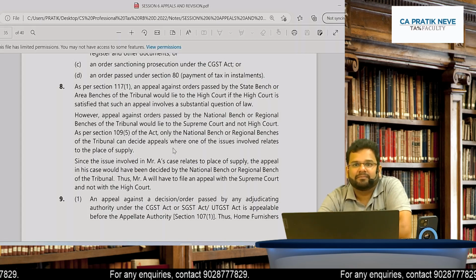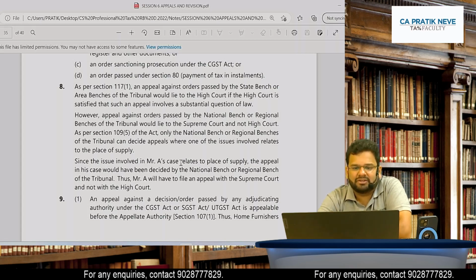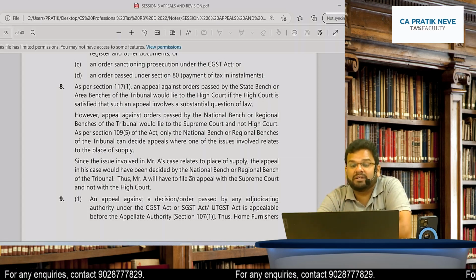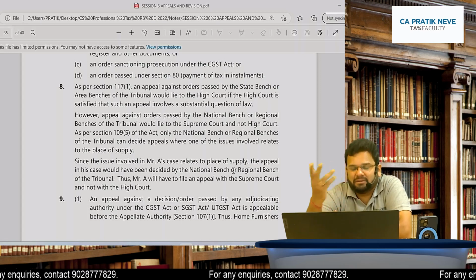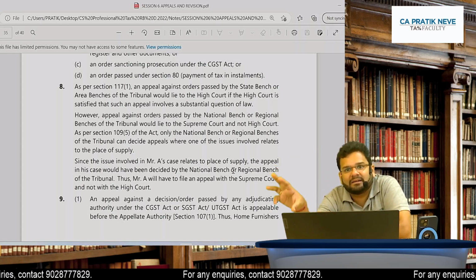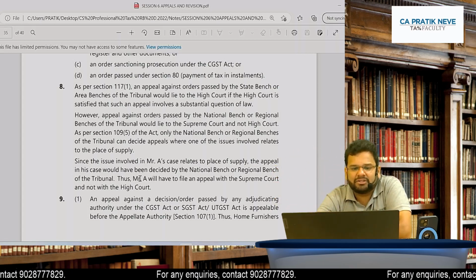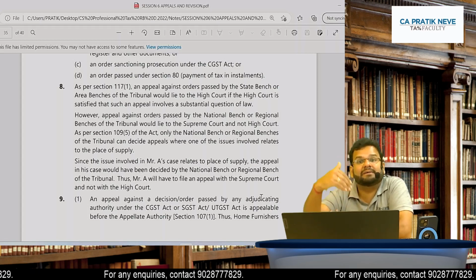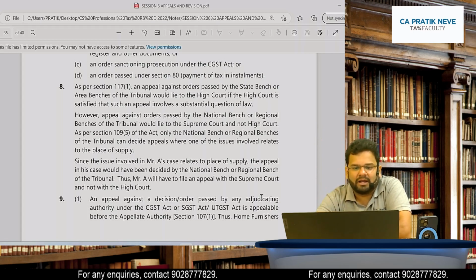Okay. Now, since the issue involved in Mr. A's case relates to place of supply, the appeal in this case could have been decided either by the national bench or regional bench of the tribunal. Thus, Mr. A will have to file an appeal directly with the Supreme Court and not with the High Court.